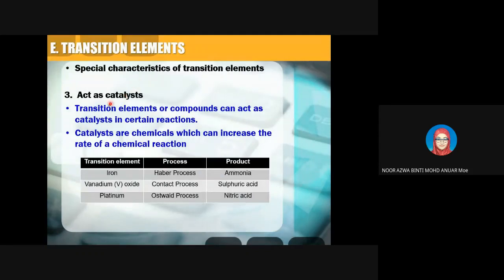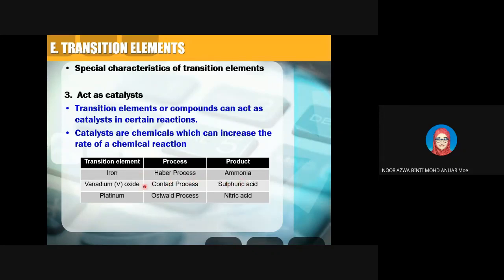Okay, and then they act as catalyst. Transition elements or compounds can act as catalyst in certain reactions. Macam enzim, macam mangkin lah. A catalyst is a chemical which can increase the rate of a chemical reaction. Dia meningkatkan lagi kadar tindak balas. Contoh macam iron digunakan dalam Haber process to produce ammonia.